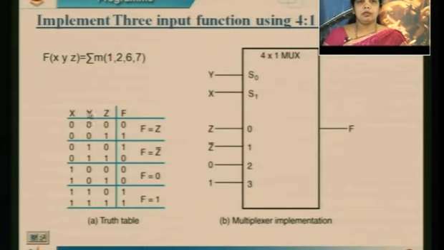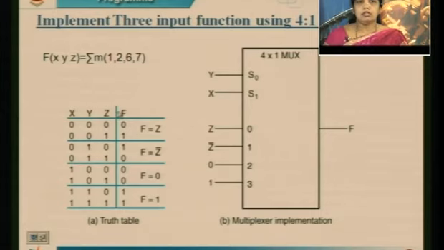You can see x and y repeated over here as 0 0, 0 0. I'll take it as a single term, 0 0. Here 0 1, I'll take it as 0 1. Here 1 0, 1 1. So finally the selection line should be of 4 combinations: 0 0, 0 1, 1 0, 1 1.